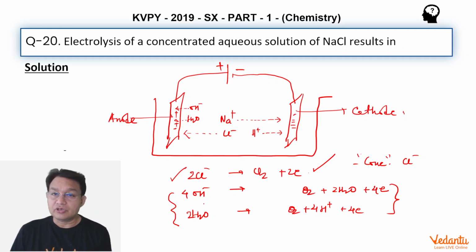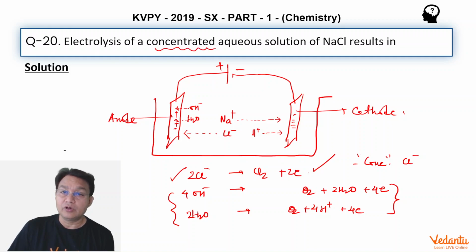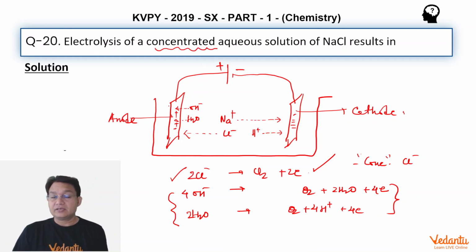We know that there is a concept of overvoltage, and there are some other complicating things, which makes the liberation of Cl- a more appropriate option.